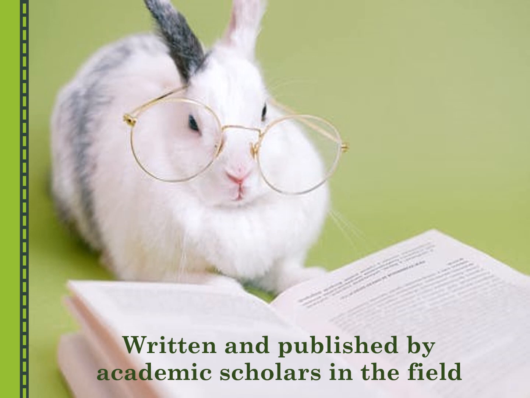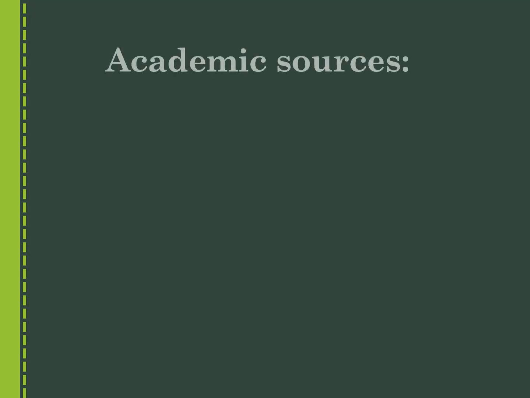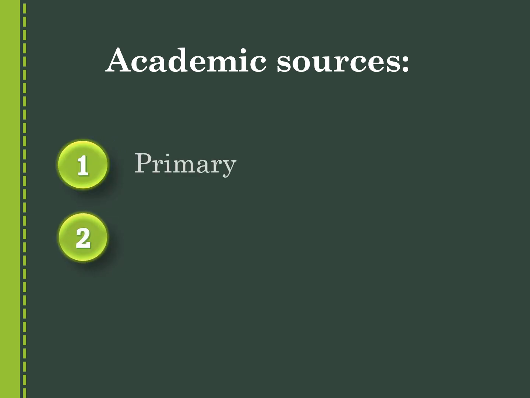So, in other words, the literature refers to what has already been written or said about your topic or area of interest, and equally importantly, what has not been written or said about it. Now, these academic sources fall into three distinct categories, namely primary, secondary, and tertiary sources.